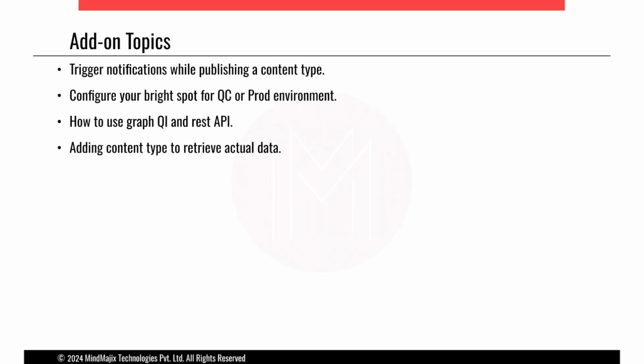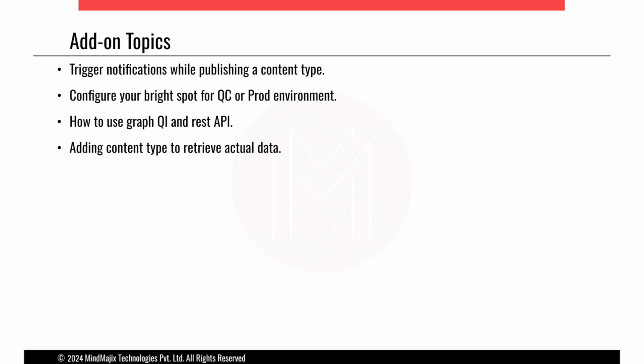In Brightspot, the APIs that Brightspot provides are GraphQL APIs. While you are publishing an event, you need to utilize that data, right? To utilize that data, first you have to create a link between your CMS and your database.